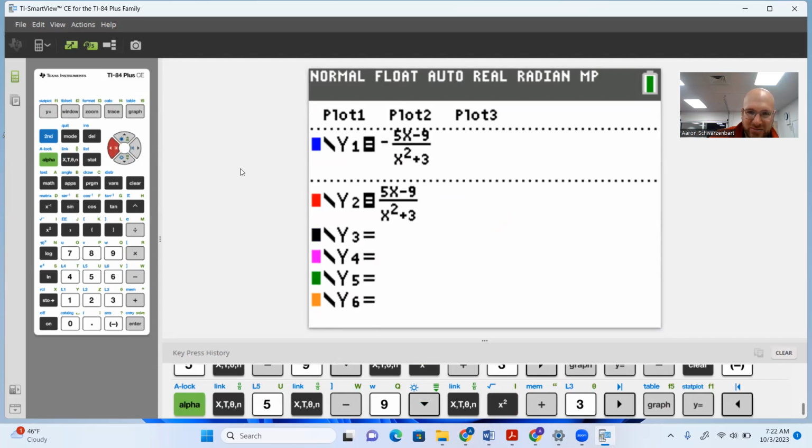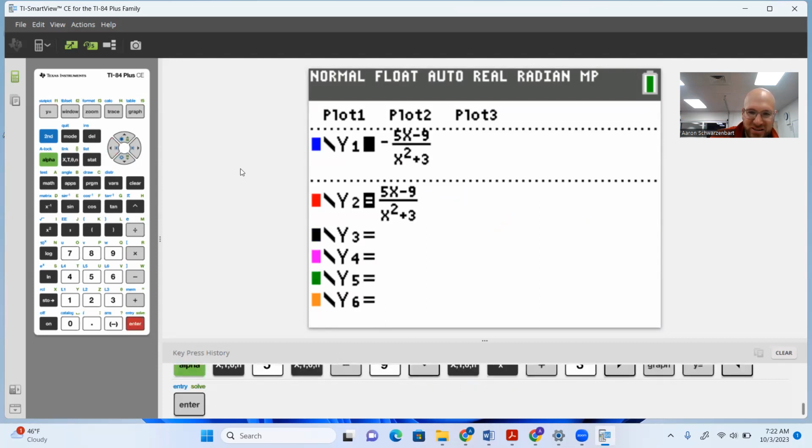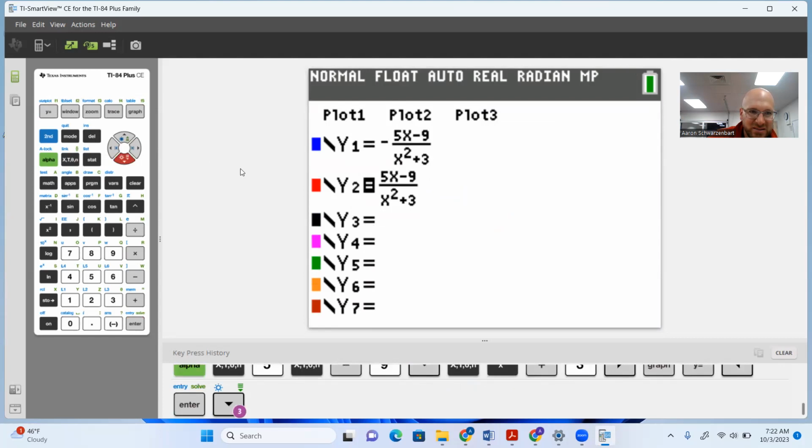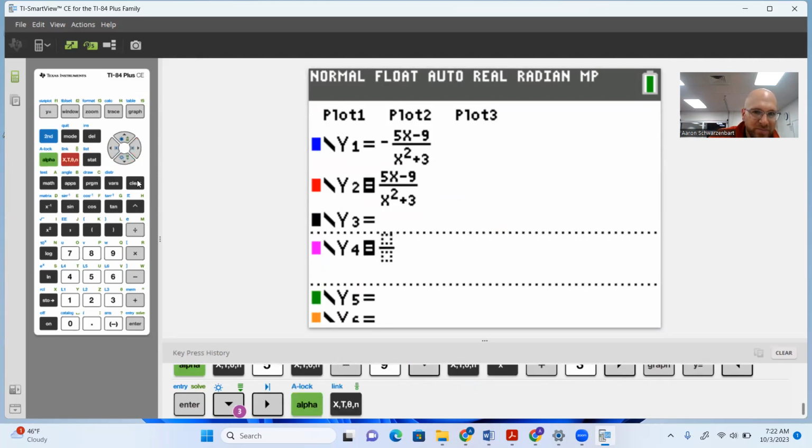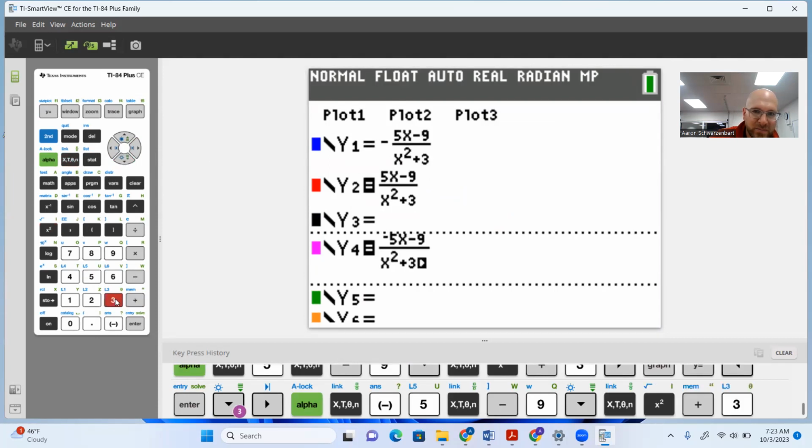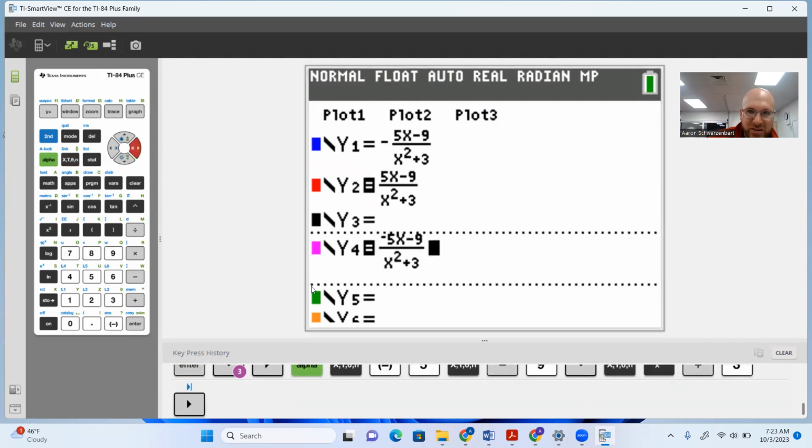I'm going to hide this one for a second so I can just see the one flipped across the y-axis, which I believe I wrote in purple. So I'll use the purple one. And that was the formula.